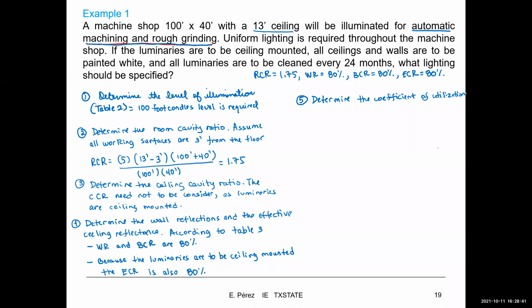Okay, so we know that we have fluorescent lamps.